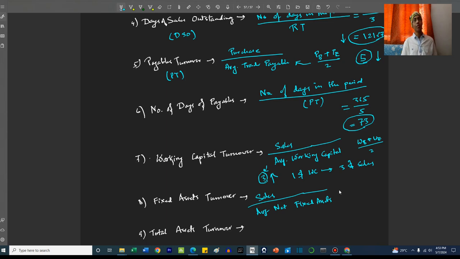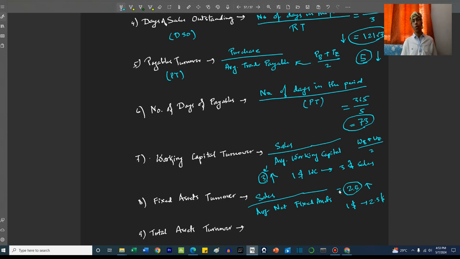Again, the definition of average net fixed assets is basically net fixed assets at the beginning of the period plus net fixed assets at the end of the period divided by 2. Now let's say this number is 2.5. This means $1 of average net fixed assets is producing $2.5 of revenues or sales. So generally the higher the number is, the better it is.